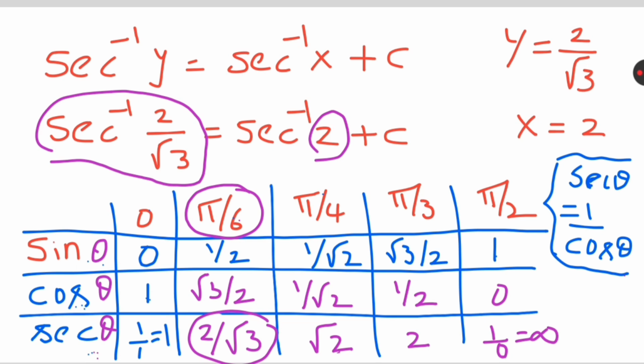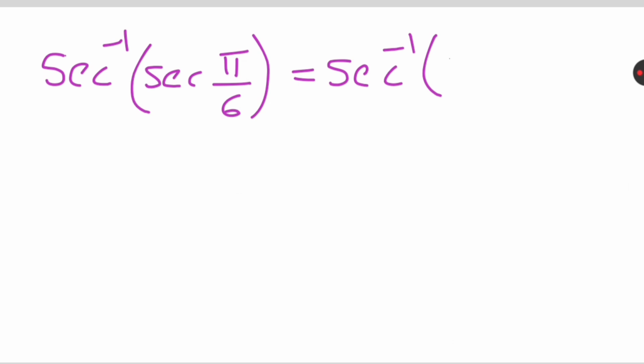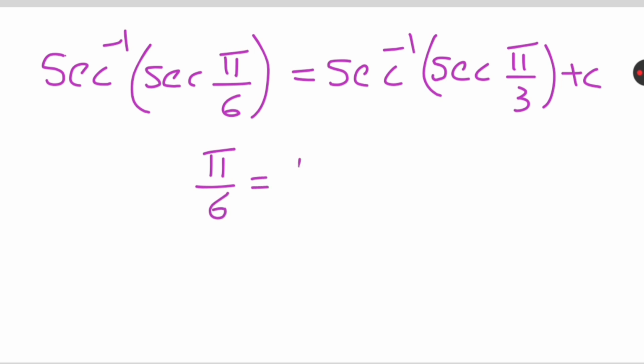So when we are getting 2, we are getting secant 60, that is secant pi over 3 is 2. So let's write secant pi over 3 plus some constant. Here this secant and secant inverse get cancelled. So we are left only with the radians, pi over 6, that is equal to pi over 3 plus some constant.